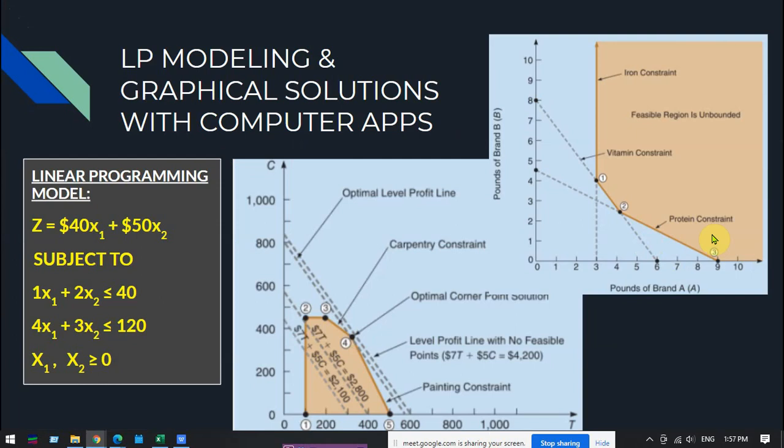If you actually didn't watch those videos, then you might not be able to follow how we come up with this linear programming model, because this linear programming model is what we're going to use as the starting point for this discussion. And as we use the computer applications, we should be able to get the same results.